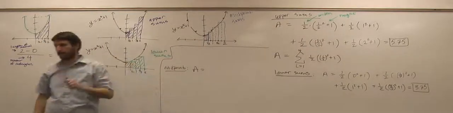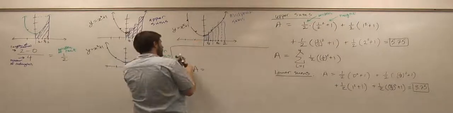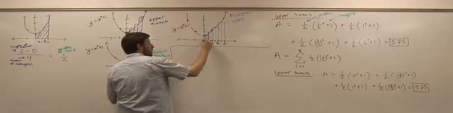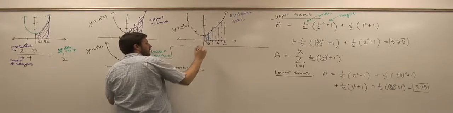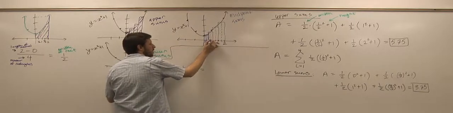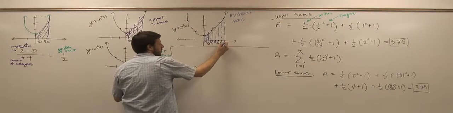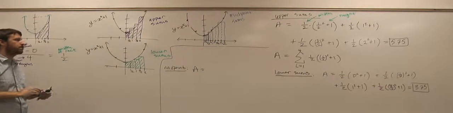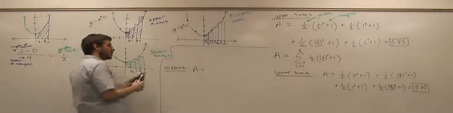What's going to happen here? Now we have to figure out exactly where the halfway point is on each of these intervals. Between 0 and 1/2, 1/4 is halfway. Between 1/2 and 1, 3/4. Between 1 and 3/2, 5/4. And between 3/2 and 2, 7/4. So in order to get the area here, what would I add up?